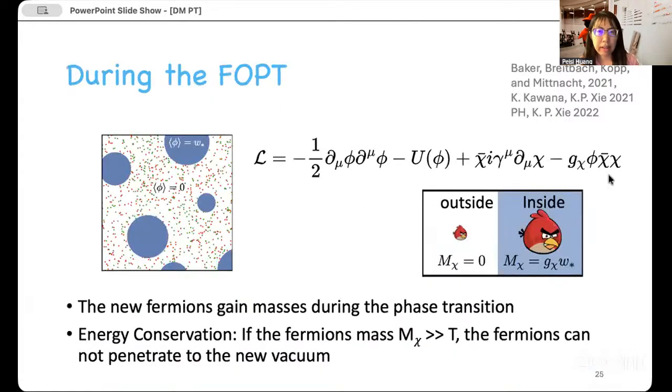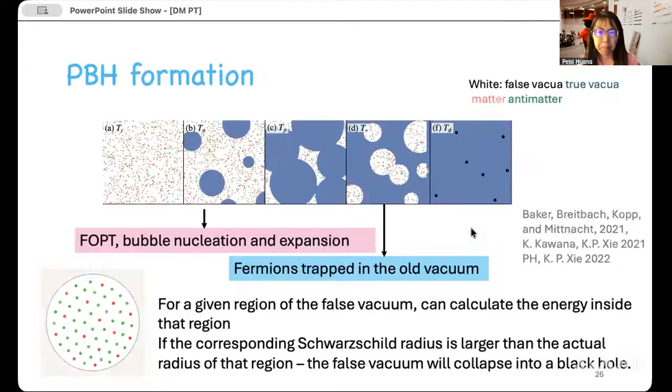The key point here is that if the fermion gets a mass that is much larger than the phase transition temperature, so the new fermions here will gain mass during the phase transition through this interaction, then by energy conservation the fermions cannot penetrate into the true vacuum; rather they will be stuck in the old vacuum.